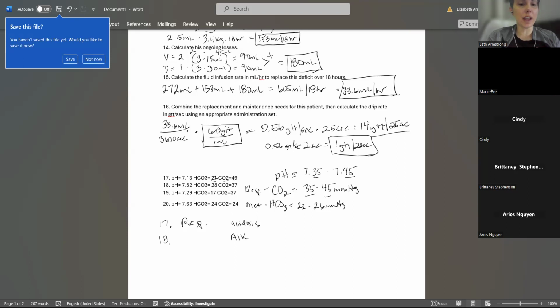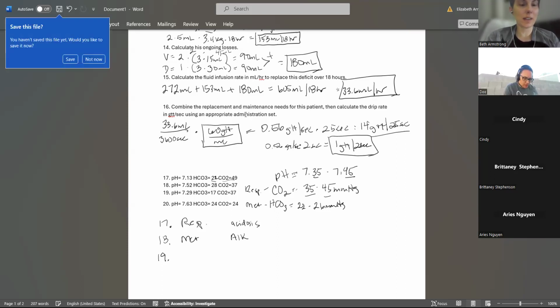So that makes it a metabolic. Very good. See how easy that is? So that would be called metabolic alkalosis? Correct. Now you guys have all that smart lingo. You can say, oh yeah, this patient has metabolic alkalosis.